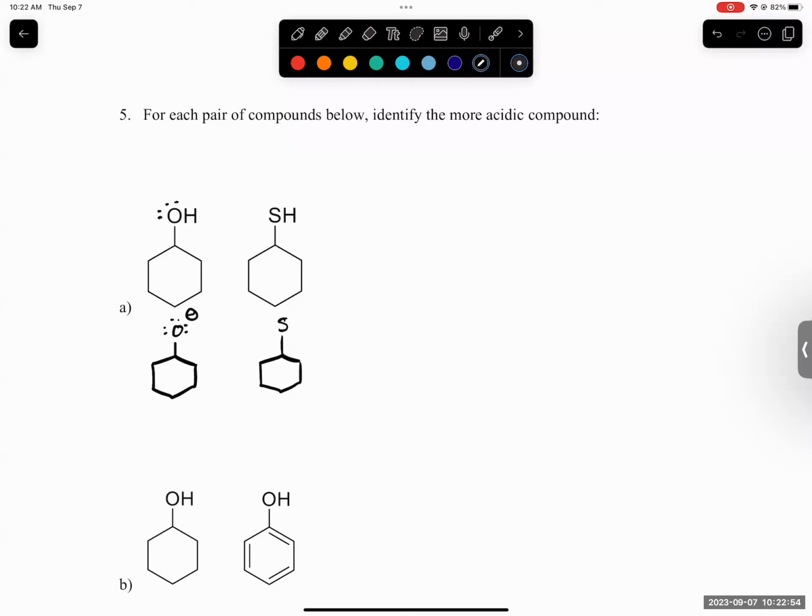What's the conjugate base of this? Well, what's happening if you treat this with the base?